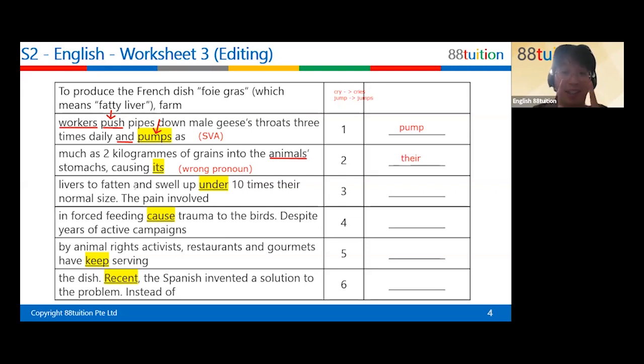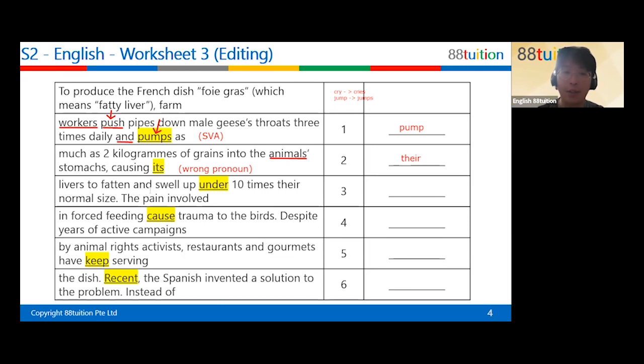So this preposition over here, under, is technically in the right place. There is so-called nothing wrong with it, with open and closed inverted commas, except that the liver is not shrinking under a certain size. It's actually expanding. And when it's expanding, we don't use the preposition under.